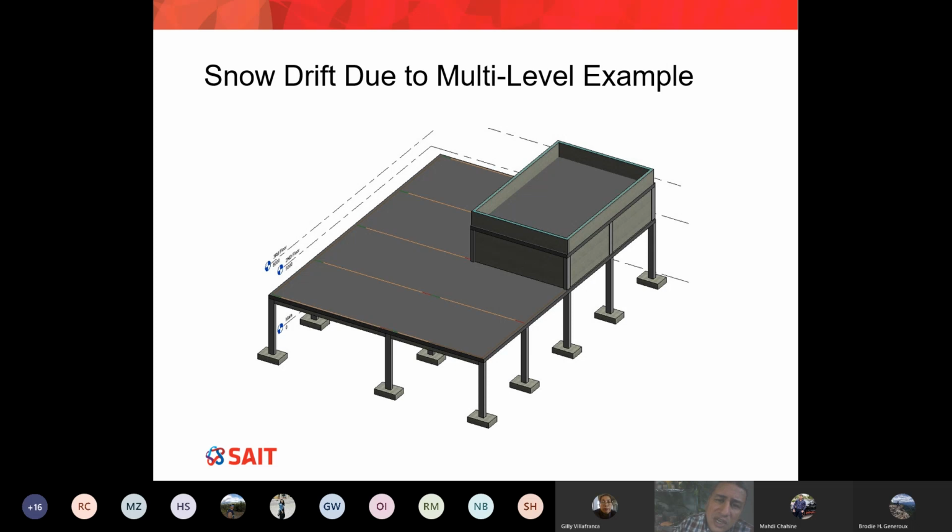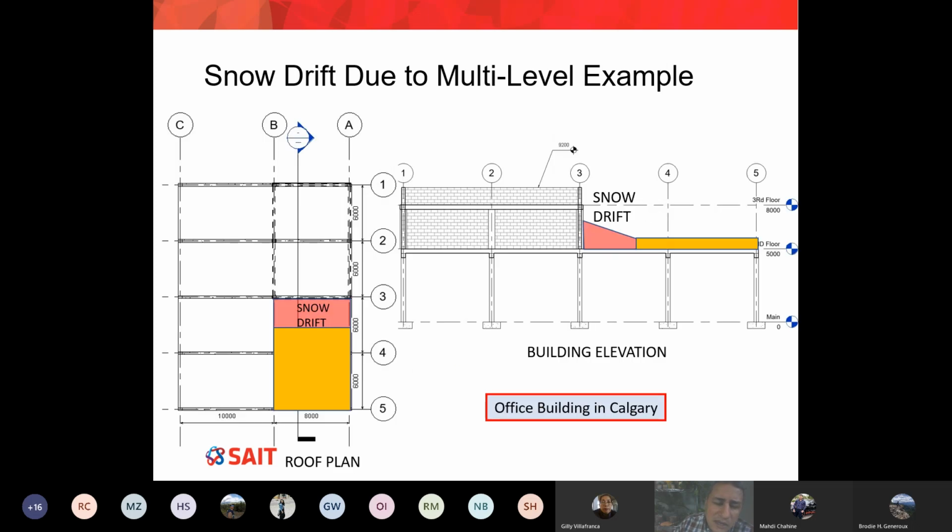Really, what I'm trying to emphasize is that students, after they estimate hundreds of numbers, kind of get lost. They don't know where to place them. So when I'm done today, after 10 minutes, you will see I only figured out the drift due to multi-level. However, in this example, I'm not showing you the snow drift on the higher roof due to the parapet. If you want to do it, it's not very difficult.